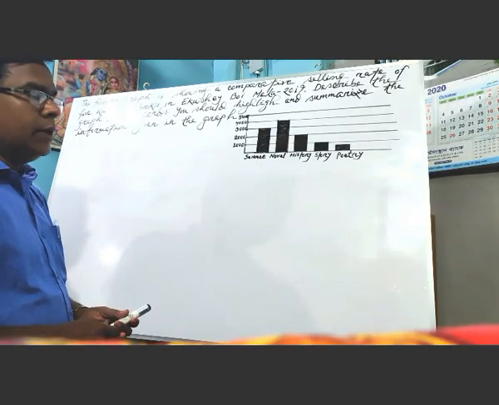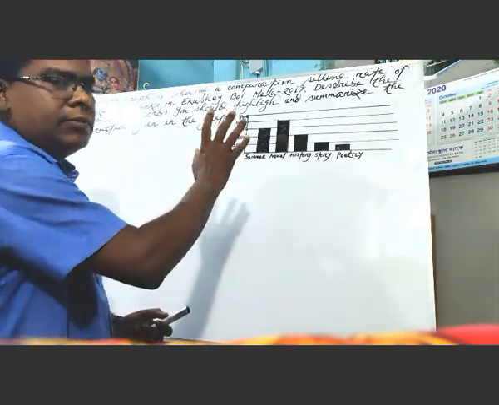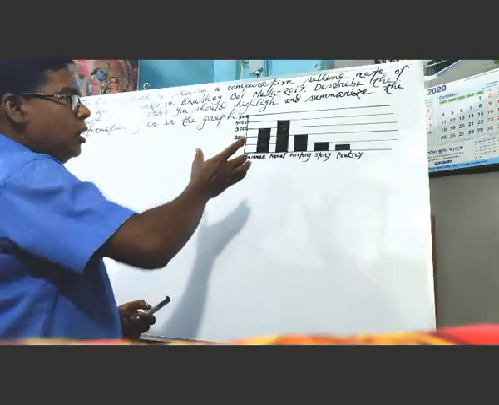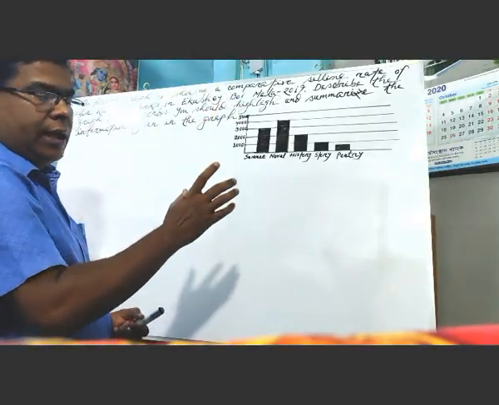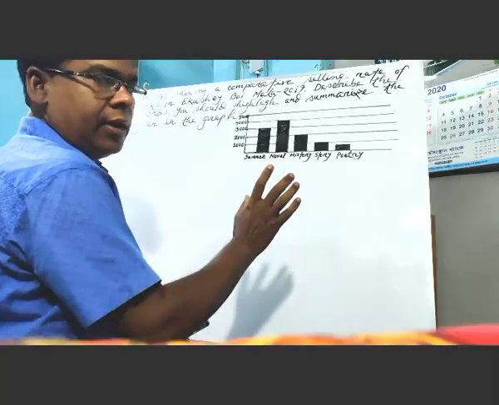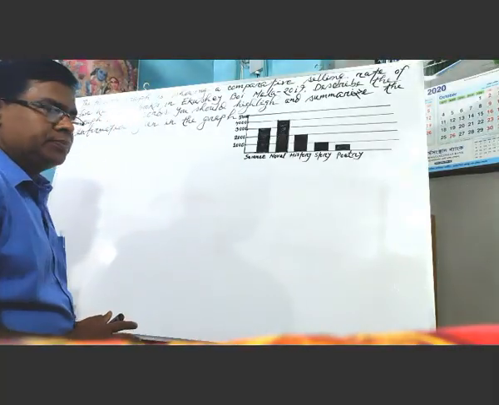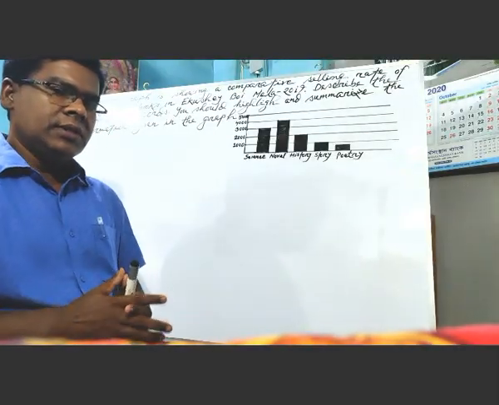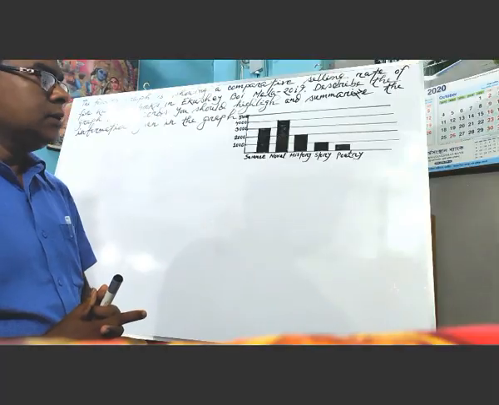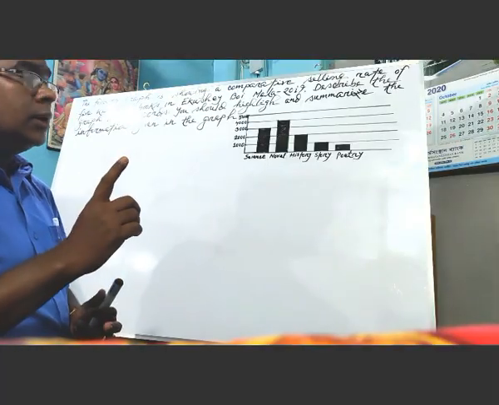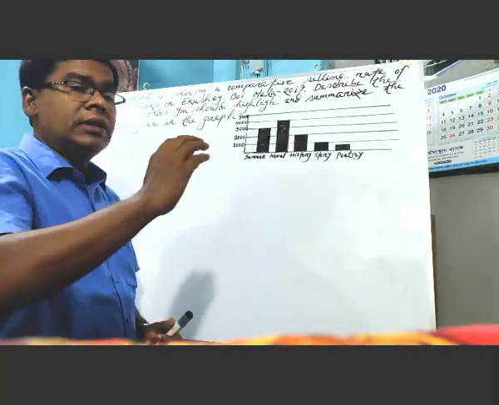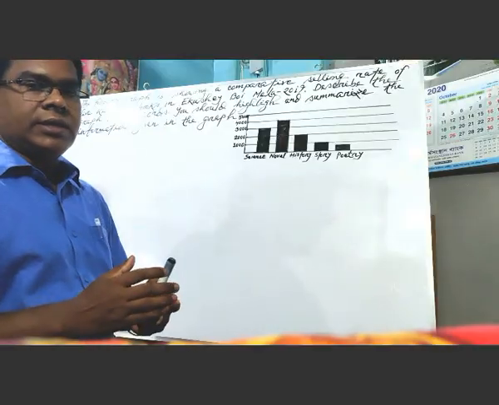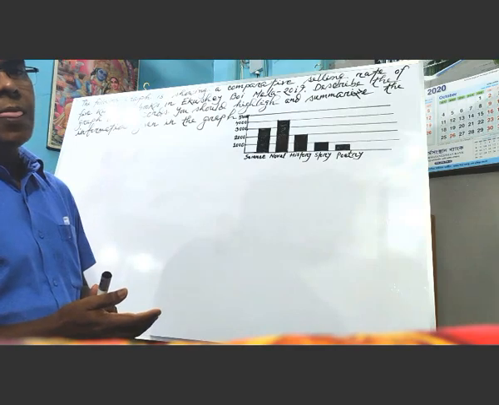Usually in a graph you will find that there are some columns, okay? One is lofty, another is not lofty, another column is short in figure. So from where will you start? This is the best suggestion: start from the column in the highest position, then the second highest, third highest, fourth highest, in this way.